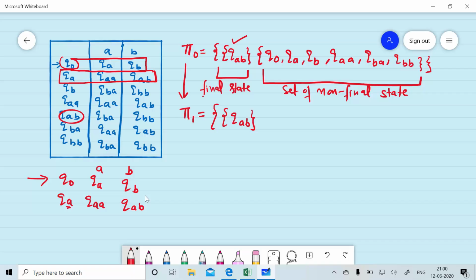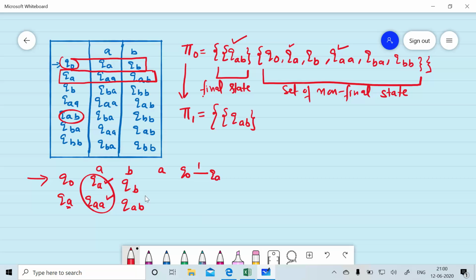We take the Q0 and QA rows, and observe under A. Under A it is QA and QAA, so we will check whether these two belong to the same set or not. QA is here and QAA is here, so under A, Q0 and QA are one equivalent.